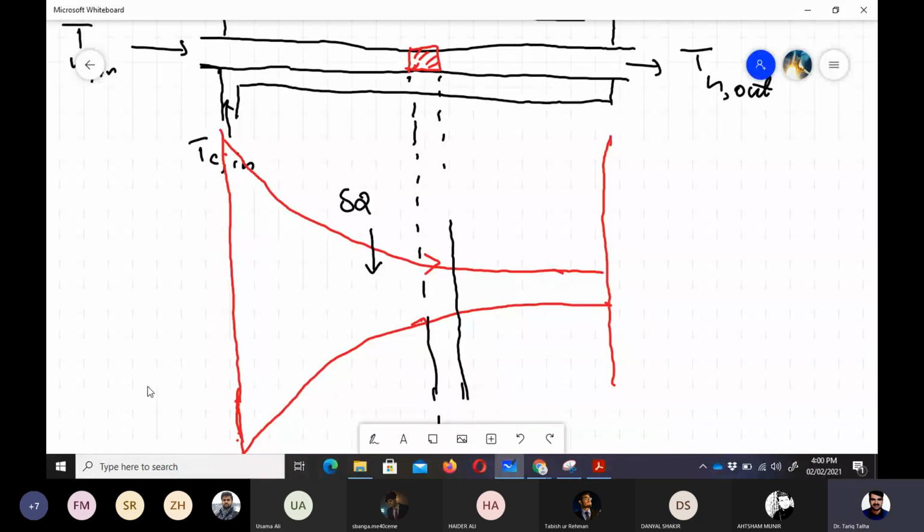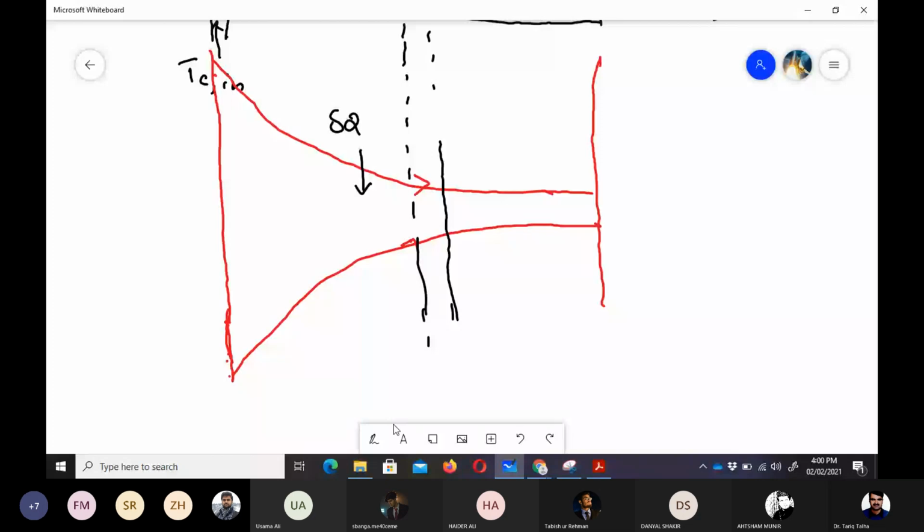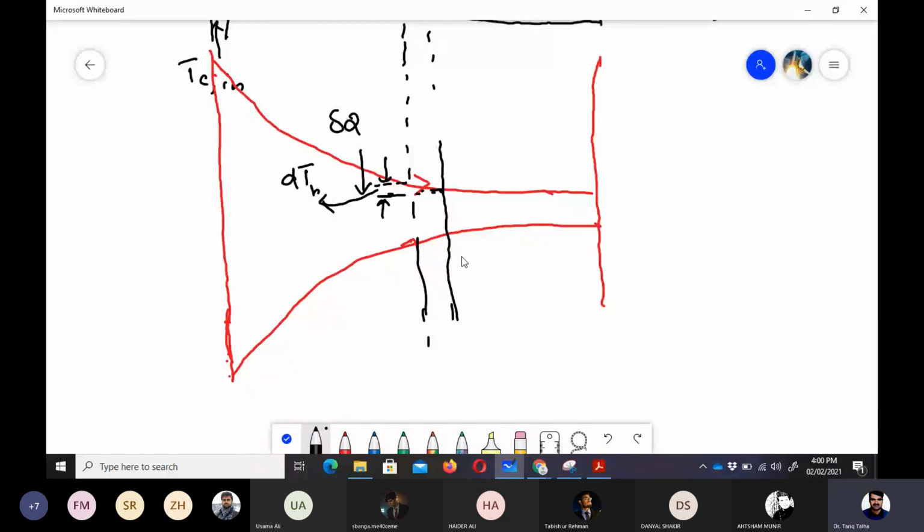Now, let me focus again on this diagram. First of all, there is some temperature change across this differential area. That is called dT_H, the temperature change in the hot fluid in that surface area, and similarly we define dT_C.